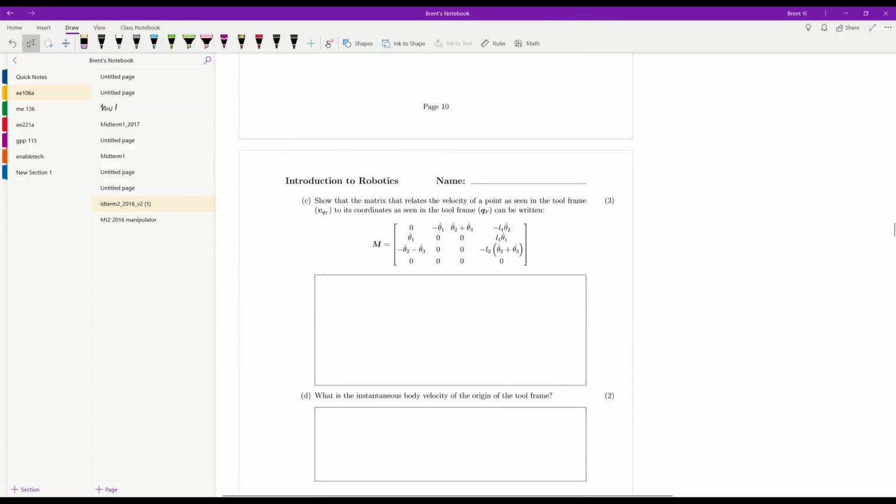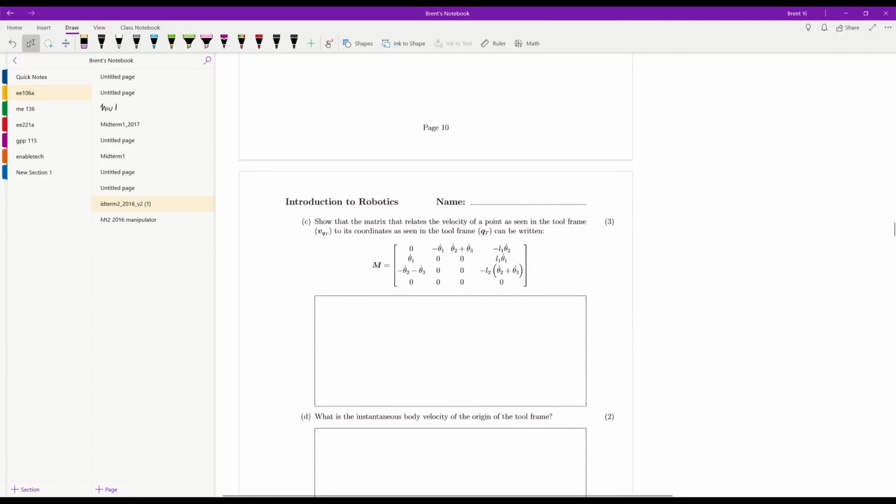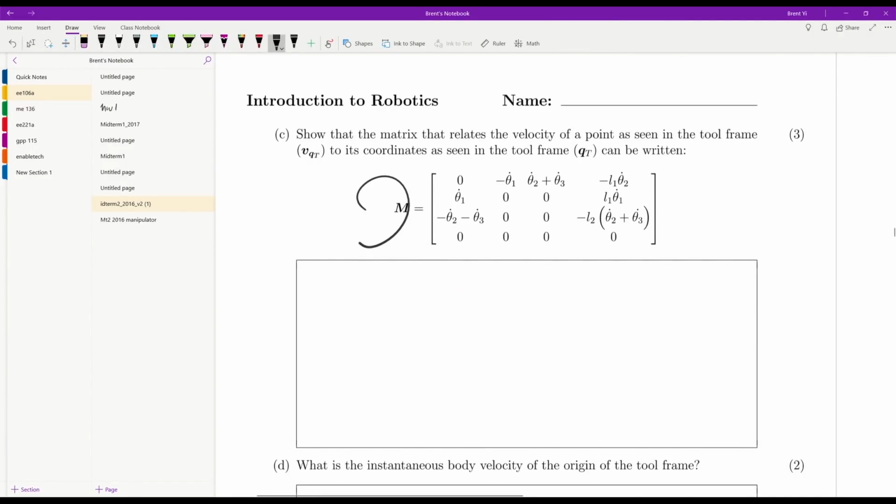Part C asks us to show that this matrix M relates the velocity of a point with the coordinates of that point, both seen in the body or tool frame. So recall that if we have a body velocity of a point, let's say V_BQT, we can map that from the coordinates of that point using this big V wedge in the body frame WT.